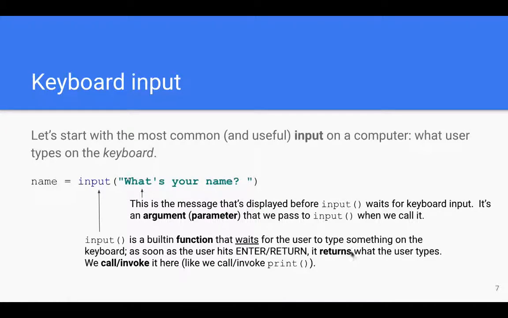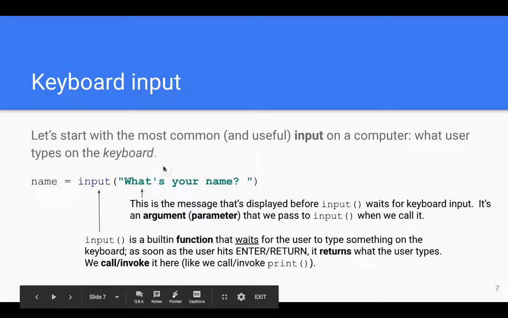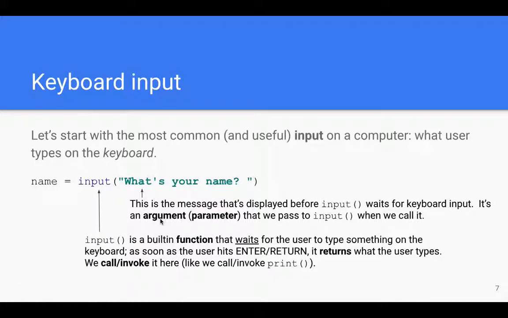Okay. Now this message that we pass to input is called an argument. The reading refers to it as a parameter, but I think they're more or less the same thing. But I think the more correct terminology is that it's an argument. This argument has some meaning to input, right?